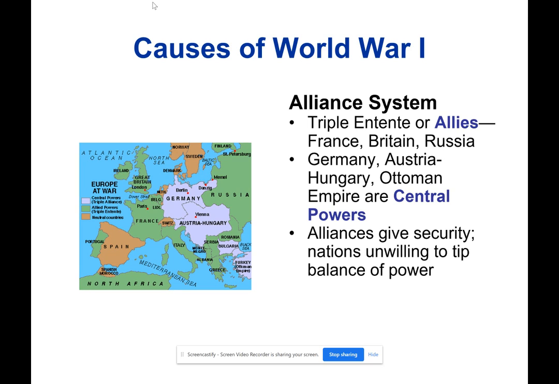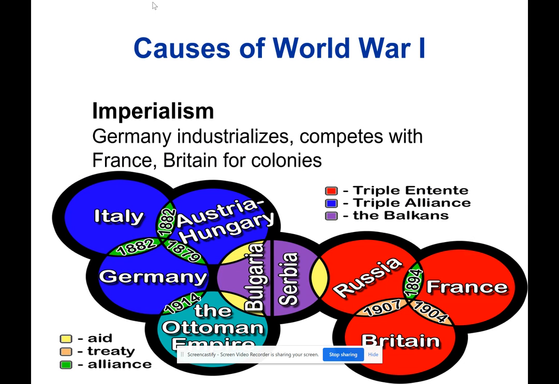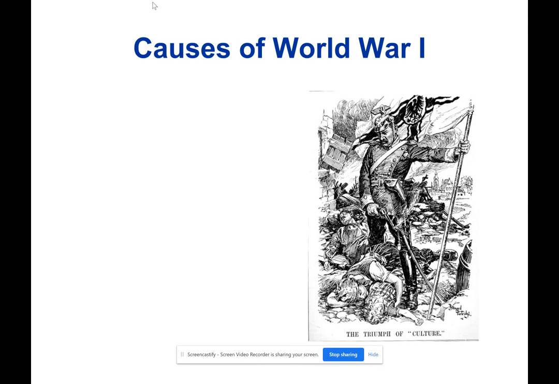These are your Central Powers. And alliances basically give security, and nations are unwilling to tip the balance of power. So let's see what's happening. Germany industrializes, and they compete with France and Britain for colonies. Okay, and this is kind of like showing you visually who was buddied up.